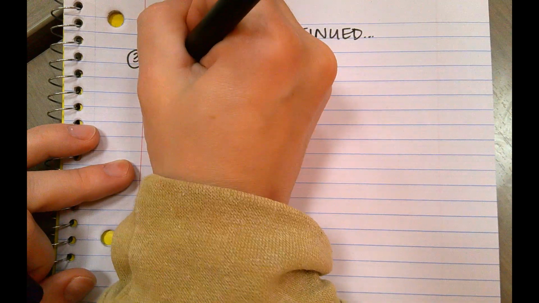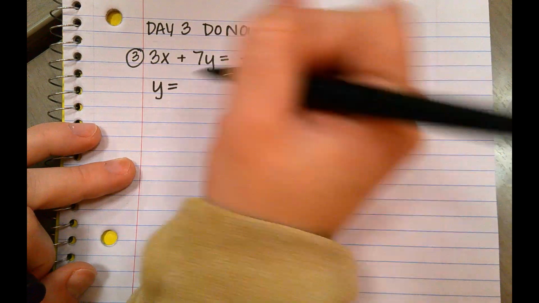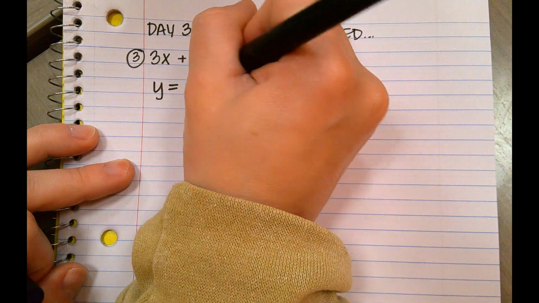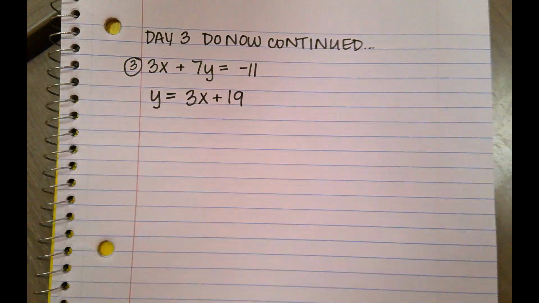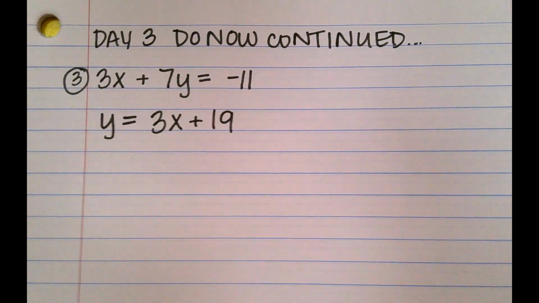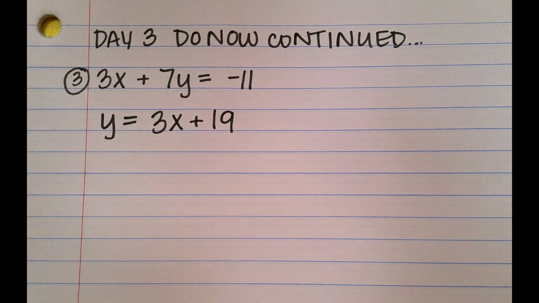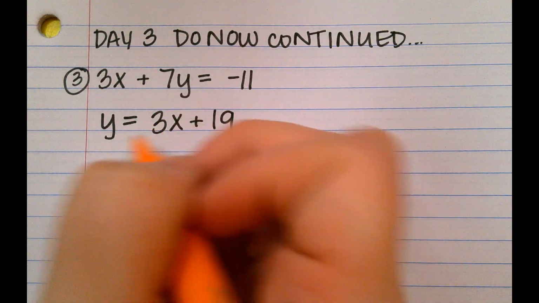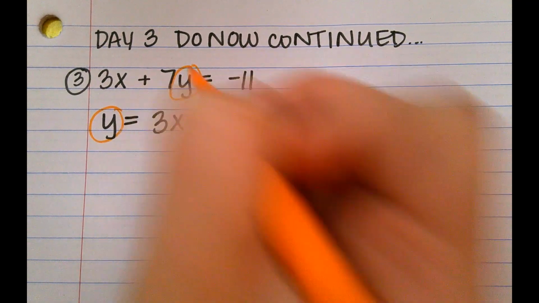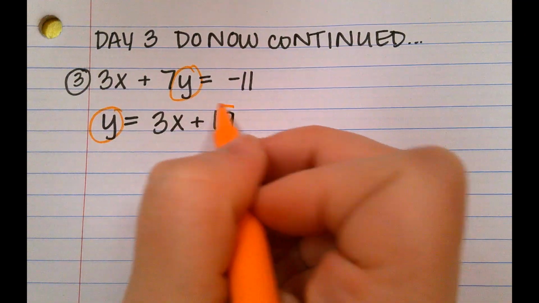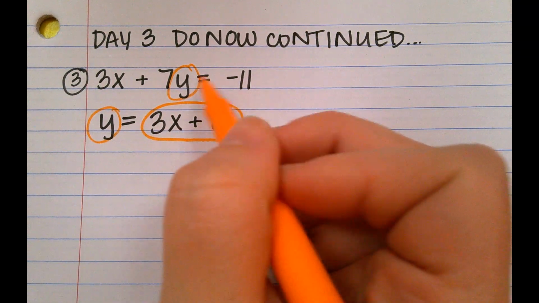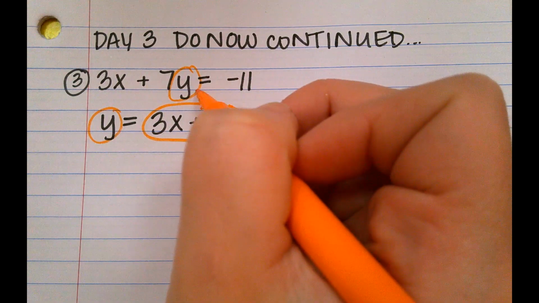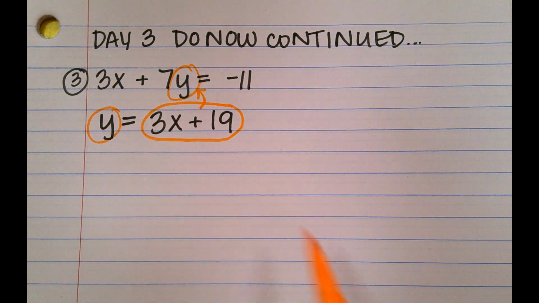Then I have y equals 3x plus 19. What should I do first? Plug in my y. I'm going to look at all my y values. Here's a y. Here's a y. Y is equal to 3x plus 19. So we're going to plug this into my standard form equation for y.